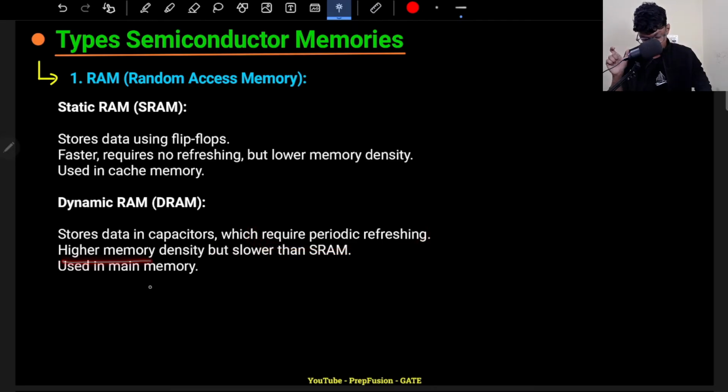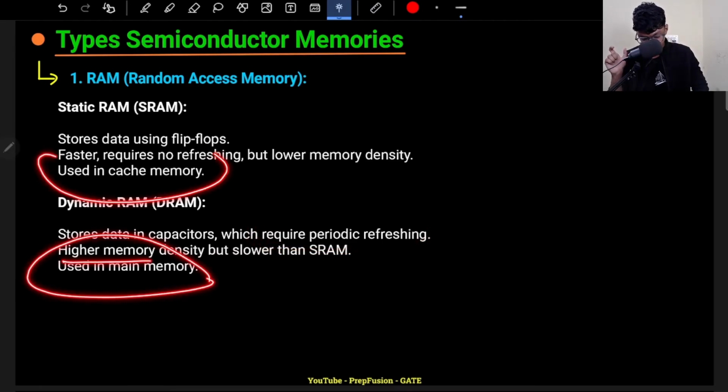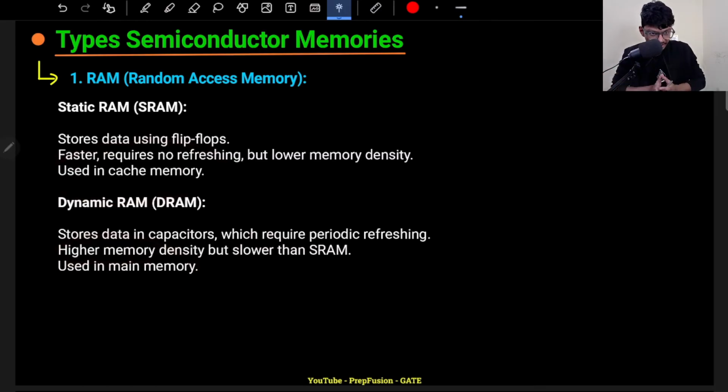SRAM is used in cache memory and DRAM in main memory. Why? I have taught this in COA, so it is not that important. In cache memory, we need very high speed, so that's why SRAMs are used there. In main memory, not that high speed is required, but still high speed is required, so we use DRAM to save the cost.